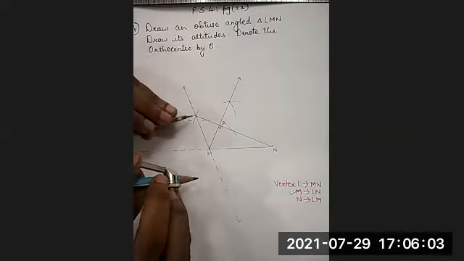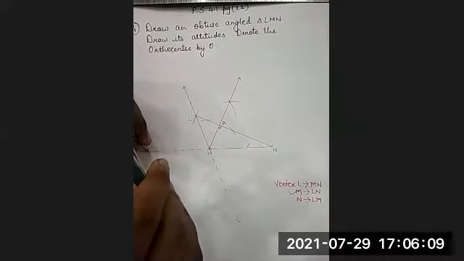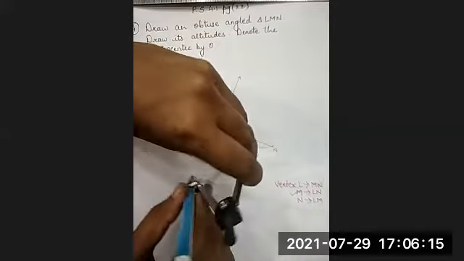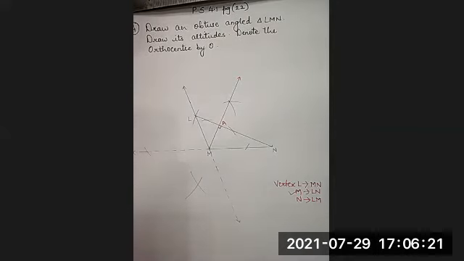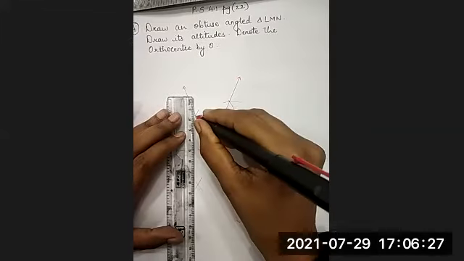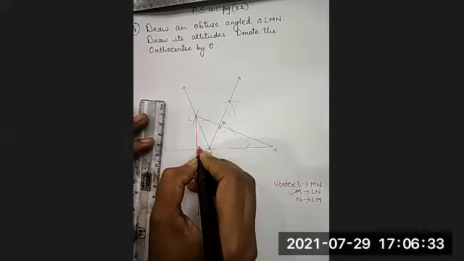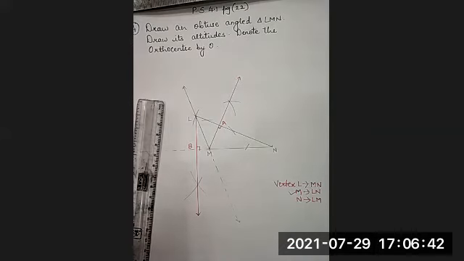So now I'm keeping it on point L, making an arc on both the sides like this. Again, I get a point. So I will draw the perpendicular from L to this point like this. And this is my perpendicular, point B. So vertex L is also done.